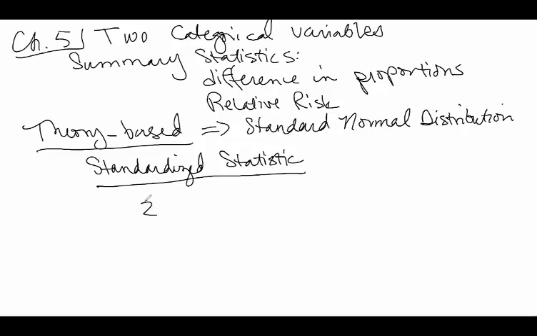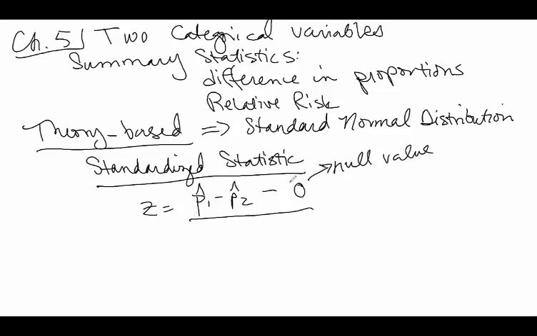So we're looking at a z-test where we take the difference in proportions minus 0, because our null value would be 0, because we're assuming there is no difference. And we divide by the standard error of the differences. This standard error is calculated under the assumption the null is true.